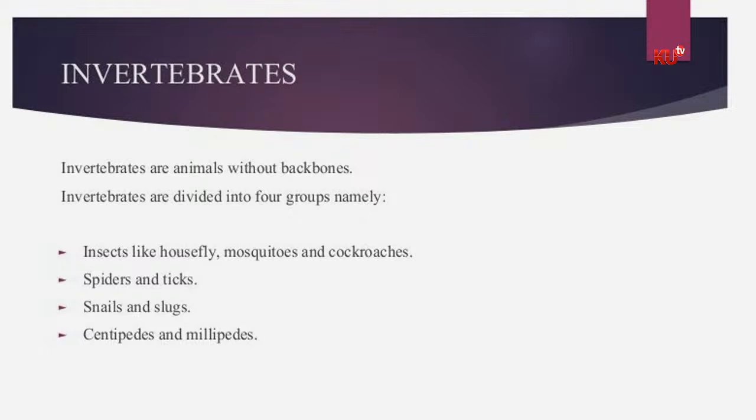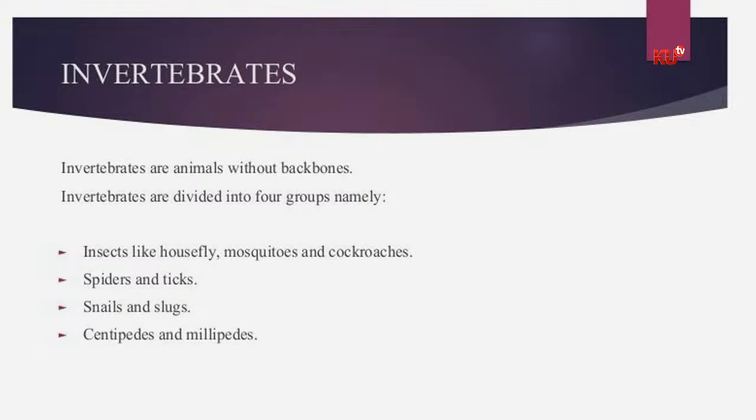And number four, the last group under invertebrates, is centipedes and millipedes. Those are the 4 groups in case you are asked anywhere. Maybe somebody asks you, maybe a teacher asks you, your friend asks you. Those are the 4 groups.